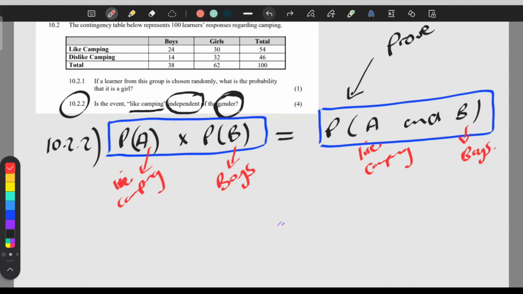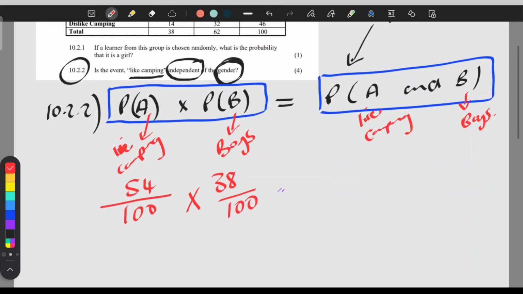It's 54 over the total number of learners. Times, what's the probability of being a boy? So not a boy who likes camping or a boy who dislikes camping, just a boy. The probability of being a boy is the total number of boys over the total number of learners. And I get that answer to be 0,2025. Okay, so that's my left-hand side.